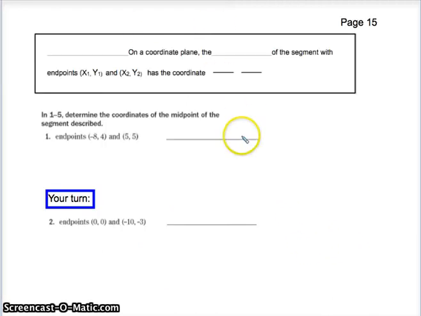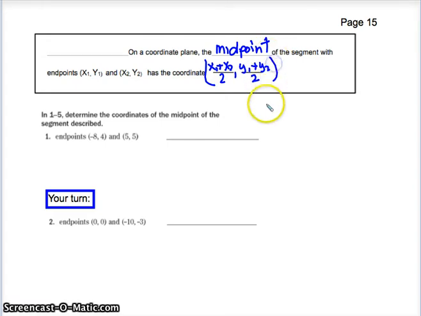Cool. Moving on, let's talk about that midpoint again. The midpoint on the coordinate plane, and when I'm talking about the coordinate plane, that means I'm using ordered pairs. If I have endpoints x1, y1, and x2, y2, I calculate the midpoint by adding my x coordinates and dividing by 2, and then adding my y coordinates and dividing by 2.